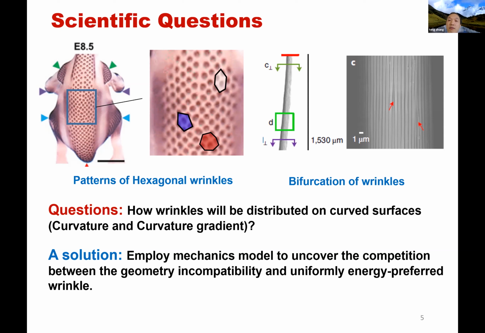But when you have a curvature gradient and you move your wrinkle from one location to another, you will see this geometry incompatibility. Then I want to highlight that the wrinkling pattern is determined by the competition between these two factors. These are the questions I wanted to discuss.